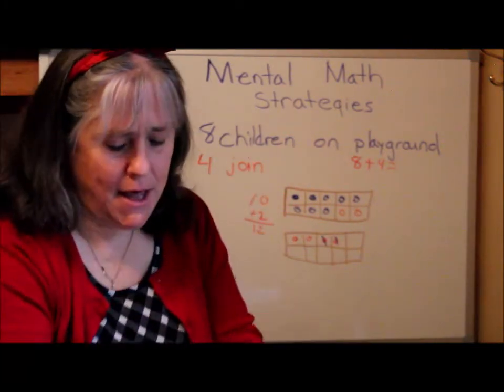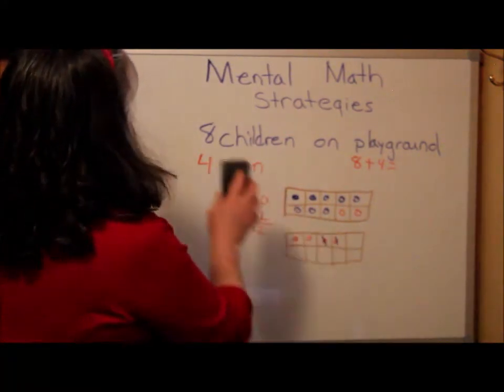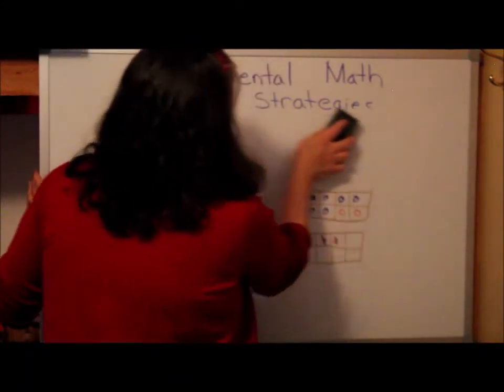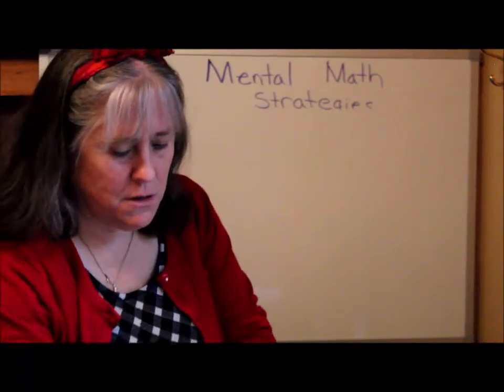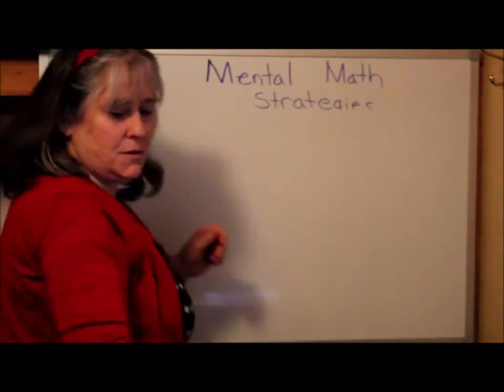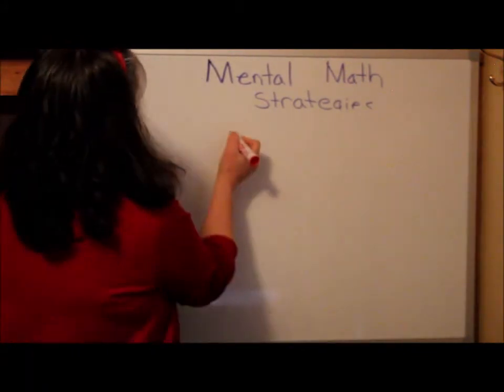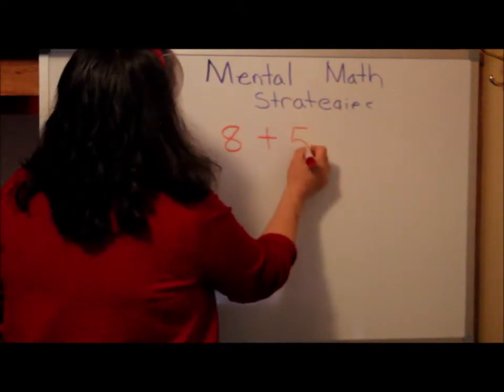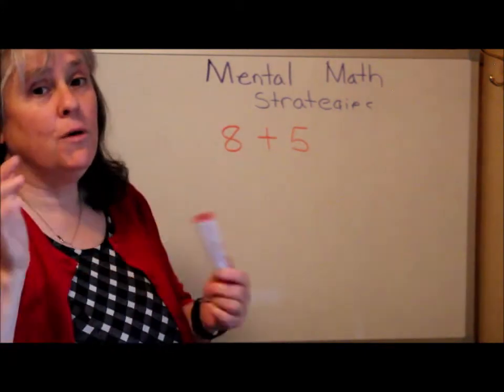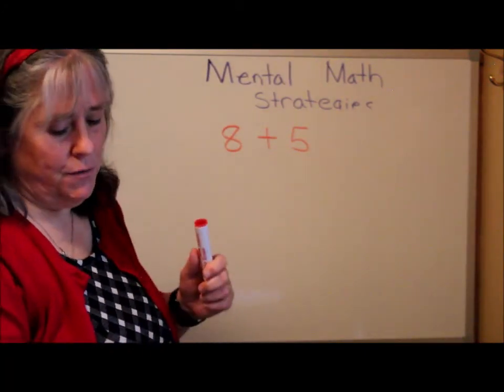Alright, let's try it again. Only let's try 8 plus 5 and see if it still works. Here's our equation, in a different color. We're going to do 8 plus 5. Now, some of you already know the answer, I know, but we're going to do it anyway.